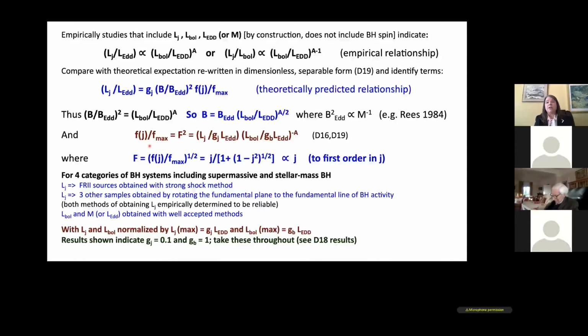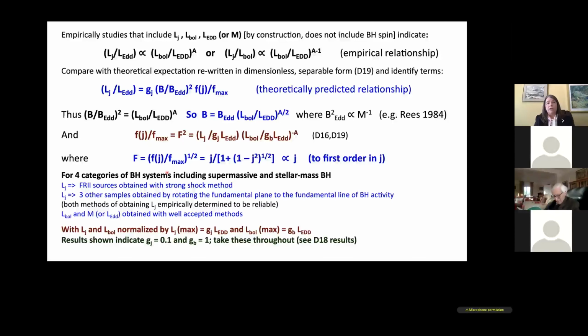So this is the expression for the black hole spin function. So this was in my 2016 paper and the 2019 paper. And as I mentioned, G sub B will be taken to be 1, the normalization factor for the bolometric luminosity in Eddington units, and G sub J will be taken to be 0.1.